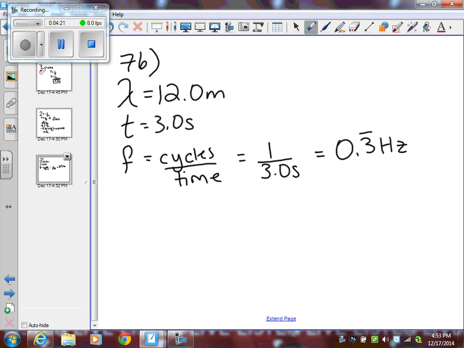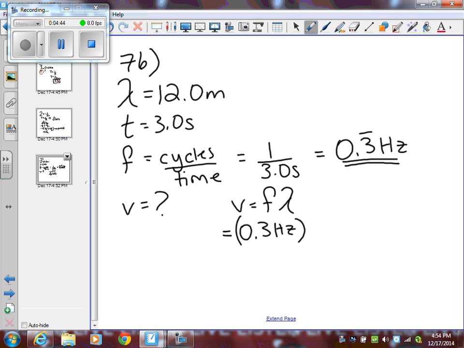Because we know frequency and we're being asked to find the speed, which is our v, we're going to have to use the equation v equals frequency multiplied by lambda, or wavelength. So now we're going to simply take our 0.3 hertz that we've calculated here and multiply it by our lambda, which we had written up here.